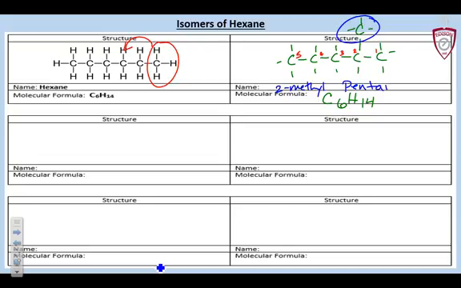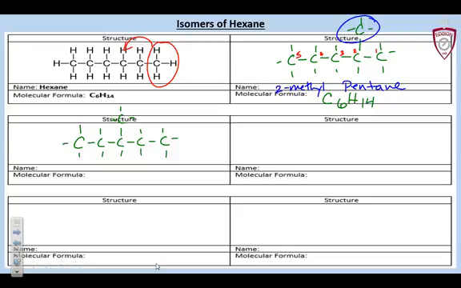Now I can also see here that since this chain is long enough, I could also put that methyl group on the third carbon. So let's go ahead and do that one right away, following the trend you already started. It helps with the possibilities of not getting confused and all of a sudden looking back trying to say, oh, what else could I make? So let's just do this one now.